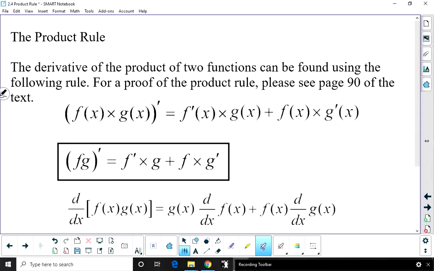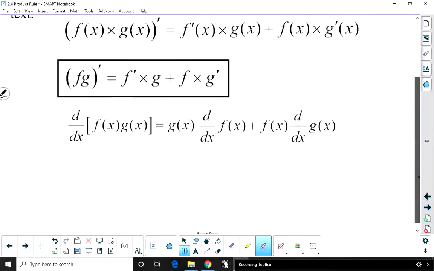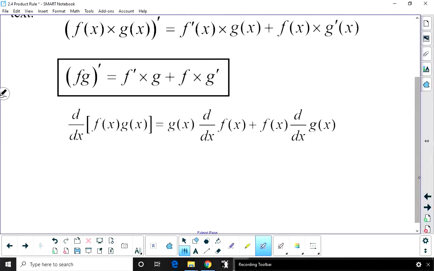I hate using this. This is really, really cluttered and confusing, but it says the same thing. The derivative of f of x times g of x is f prime of x times g of x plus f of x times g prime of x. I do like, I take it back, I do like this. It's nice and easy. It's just that it doesn't have the x in it.